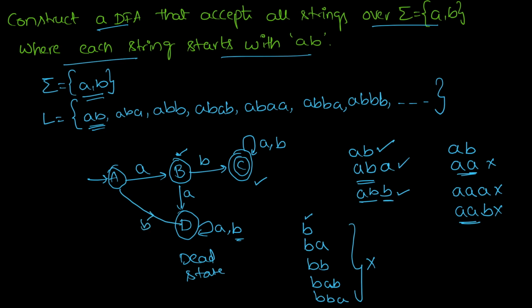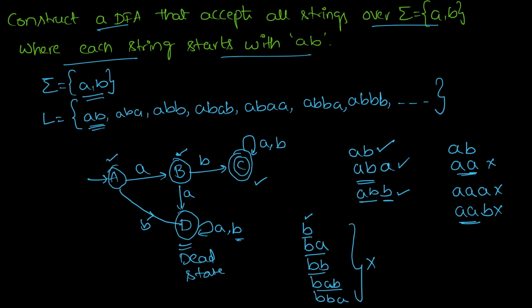So all these strings like B, BA, BB, BAB, and whatever strings which start with BA or BB, will be rejected by the DFA. They will end up in the dead state itself.